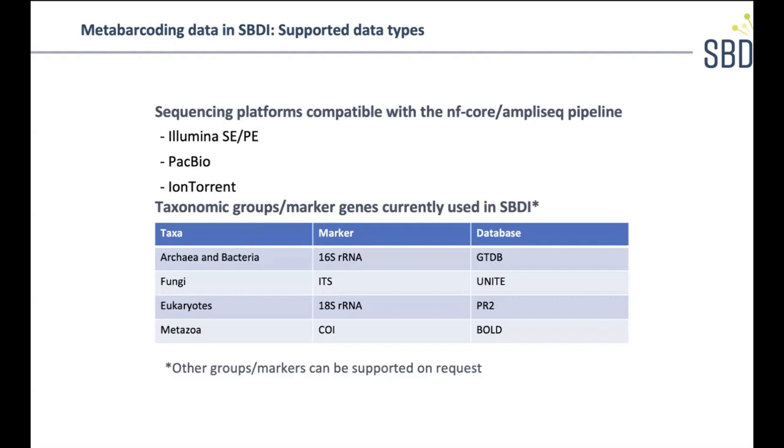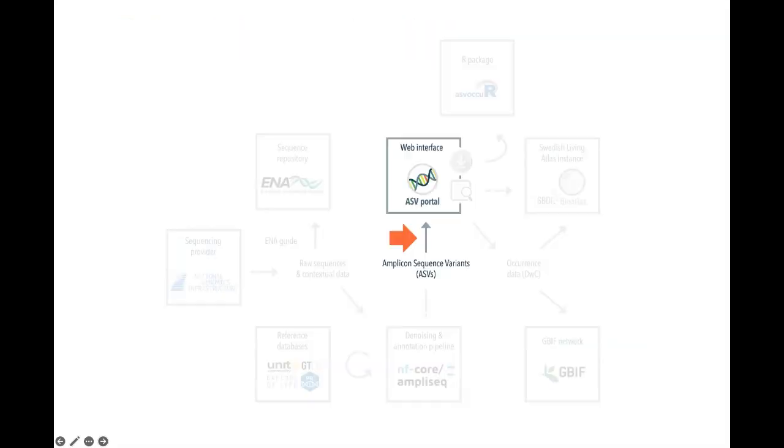For eukaryotes, we have 18S RNA sequencing data using PR2 as reference database. And for more specifically metazoa eukaryotes, we use CO1 as the marker and the BOLD database. But other groups can definitely be included upon request from users.